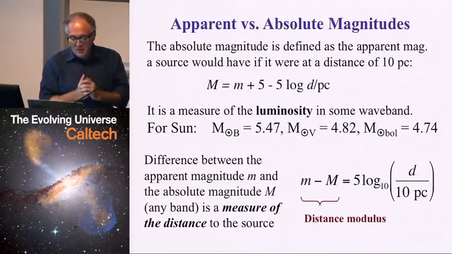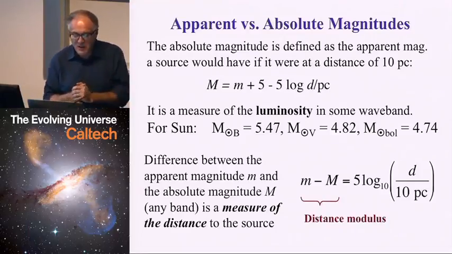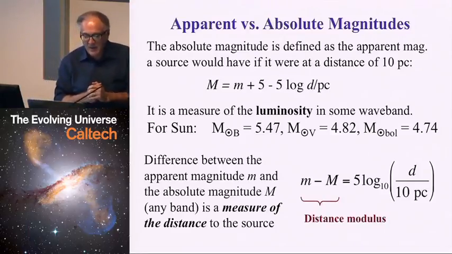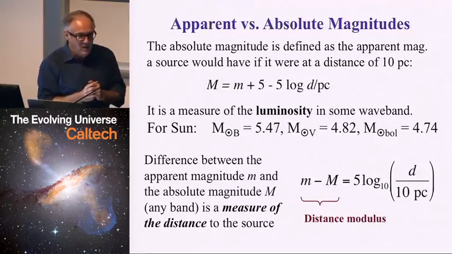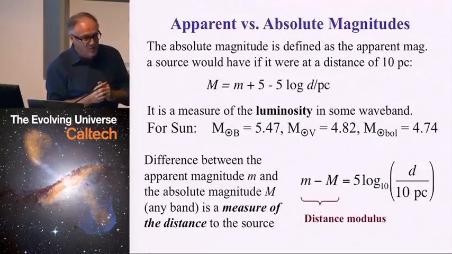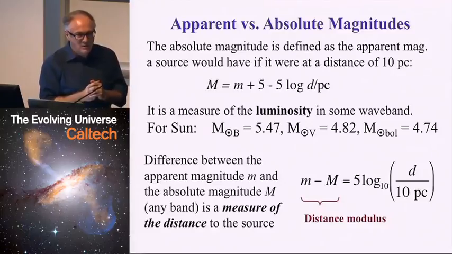But before we could actually calibrate any of that, people figured out, well, we can use magnitude, so we can introduce the concept of the absolute magnitude. And absolute magnitude is the apparent magnitude your source would have if you put it 10 parsecs away.